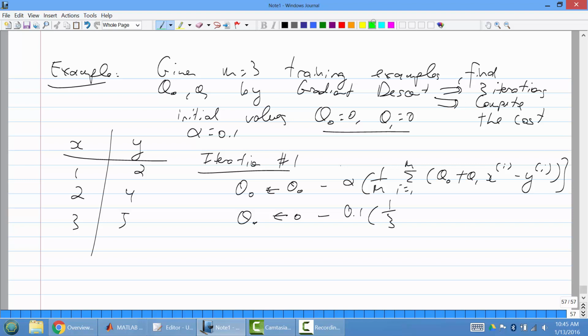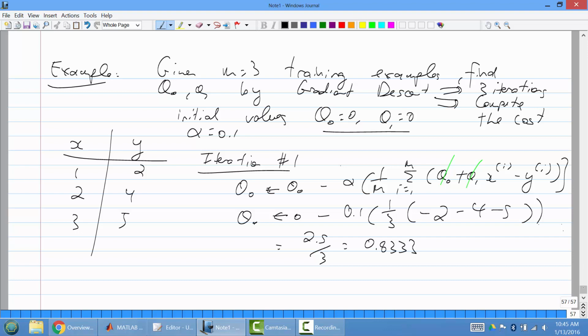So remember, these are all 0 initially. So in this case, you're just going to get the sum of all the negative y values. In this case, you get minus 2, minus 4, and minus 5. Okay, so the negative and negative becomes a positive. When you add up all this together, you get 2.5 over 3, which is 0.8333.